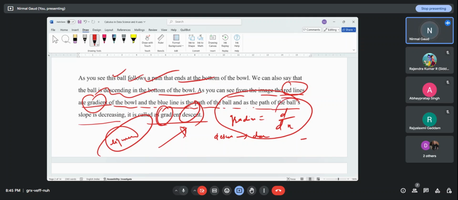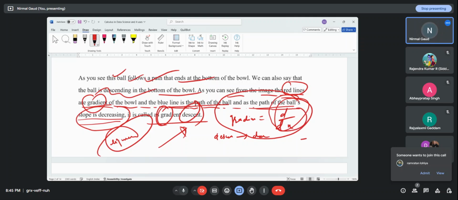So this is the gradient, d by dx, and we are talking about gradient descent. Descent means the gradient is getting less. See the line they have mentioned. The blue line is the path of the ball, and as the slope of the path is decreasing, what is slope? dy by dx.